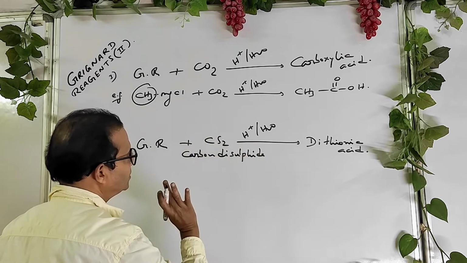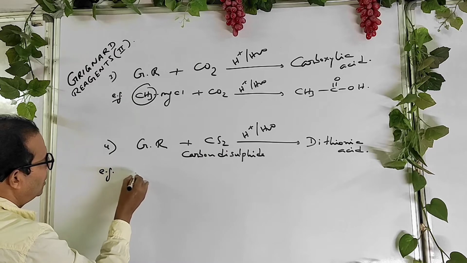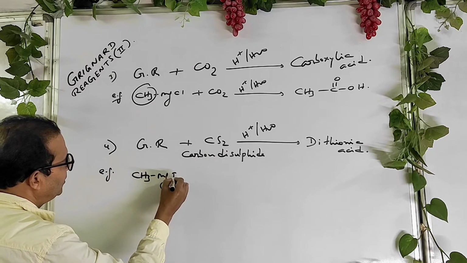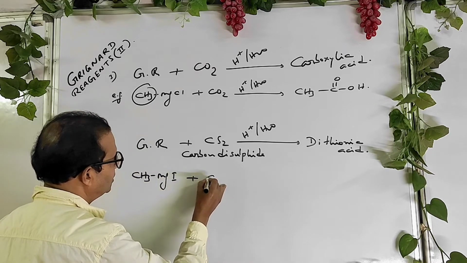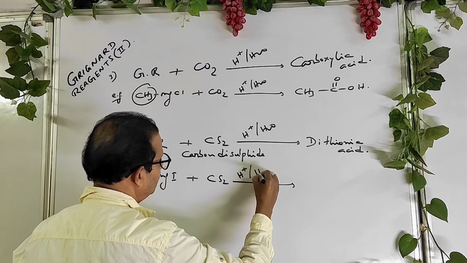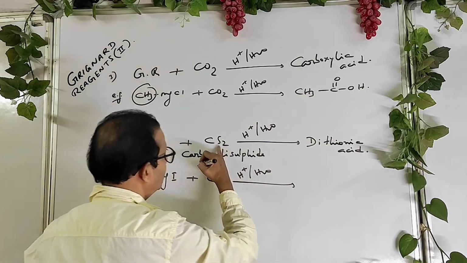And here the same thing. If you consider any Grignard reagent, say I have taken methyl magnesium iodide, with carbon disulfide followed by acid hydrolysis, just write sulfur instead of oxygen here.